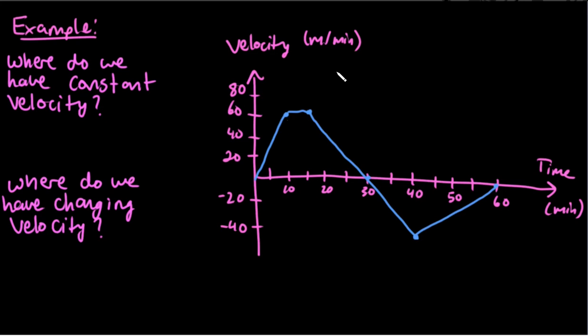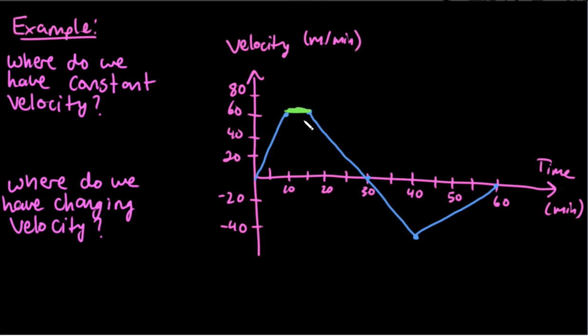Let's take a look at an example. Here we have a graph, and we have velocity in terms of meters per minute, and we have time on the x-axis in terms of minutes. First question we want to consider is, where do we have constant velocity? Now, remember, constant velocity is our flat part right here. This is the only part that we have constant velocity. We don't just want you to show us on the graph.